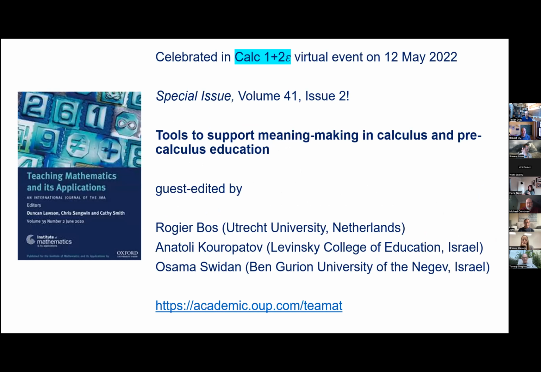So the first one was in Teaching Mathematics and its Applications. It was focused on tools, particularly digital tools to support meaning making in calculus and calculus education. It was guested by Roger, Anatoly, and Osama. And you can find some papers in open access on TMA, and you're very welcome to look at that.